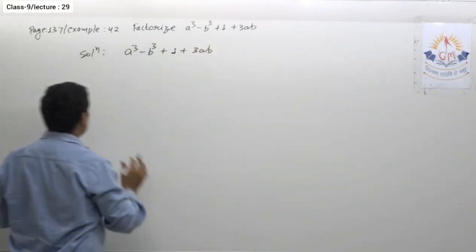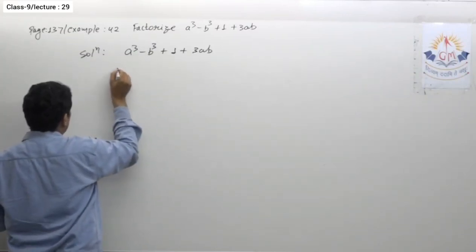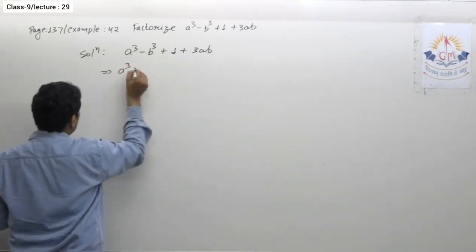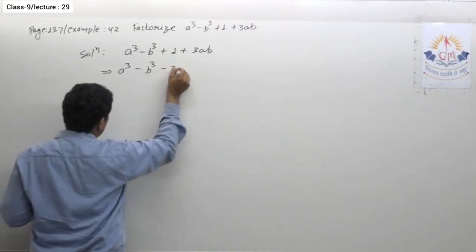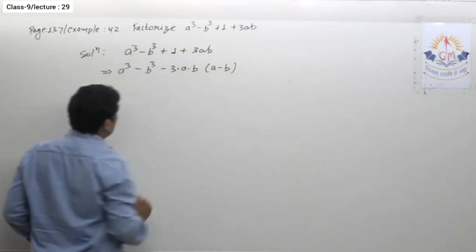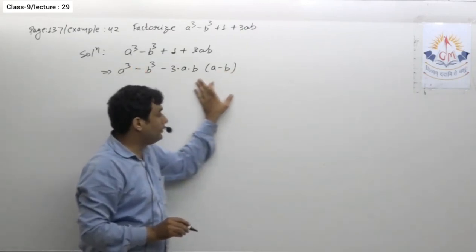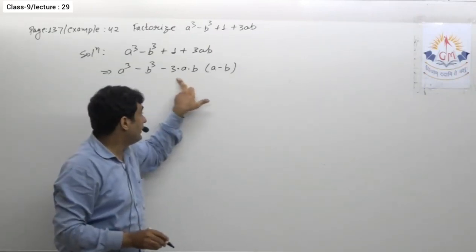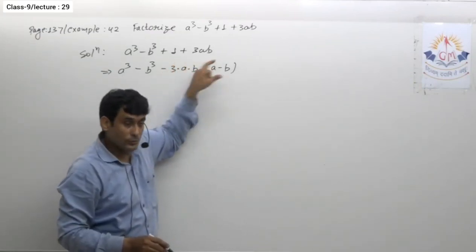So here I can write a cube minus b cube. Now the next term should be minus 3 into a into b into a minus b. As usual I write the remaining terms according to the identity, and then I check whether the terms that I wrote are the same as the terms given in the question or not.